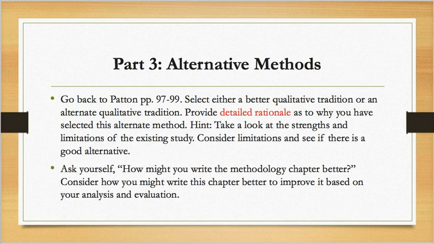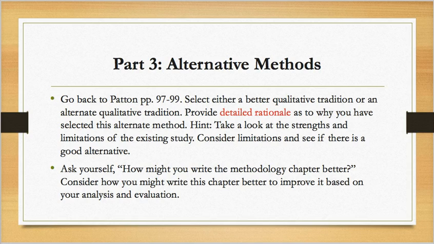Then finally, in part 3, the alternative methods section, go back to pages 97 and 99 of the Patton book and see if there is a better qualitative tradition or a qualitative method that can be applied to this study.